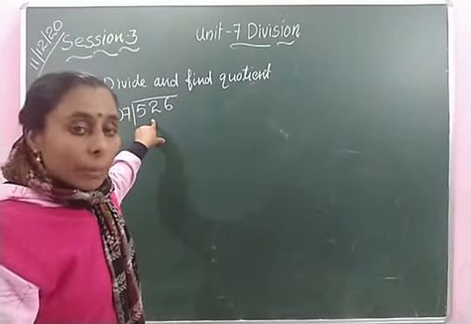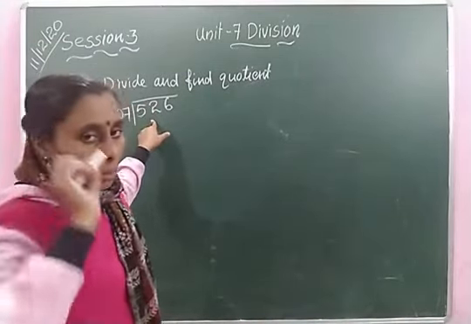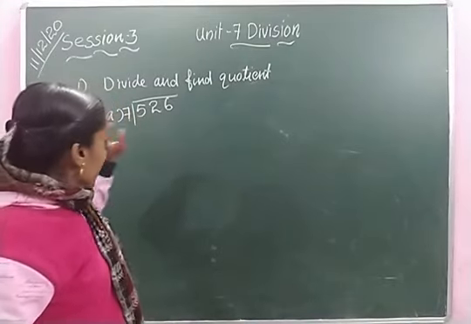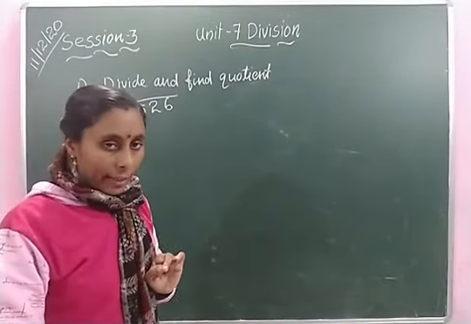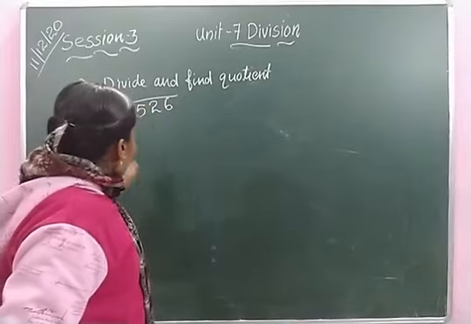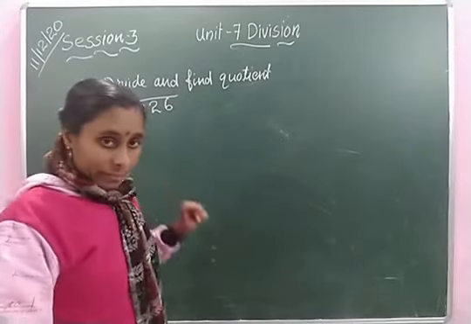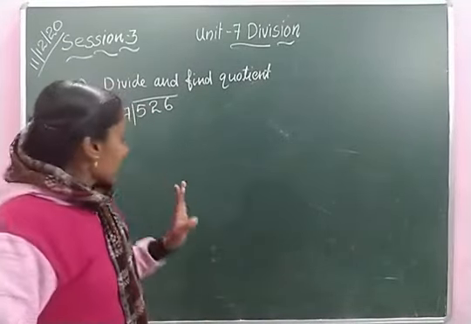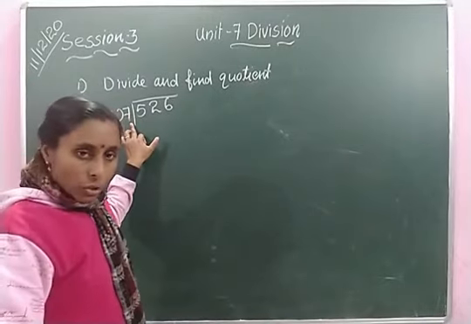We select 5 from the dividend, but this 5 is smaller than 7.